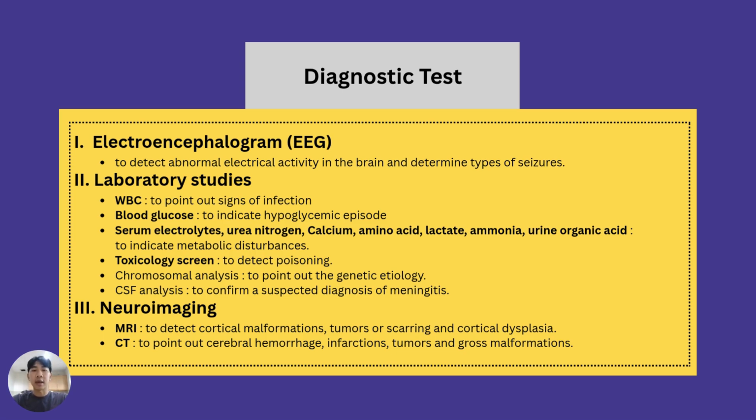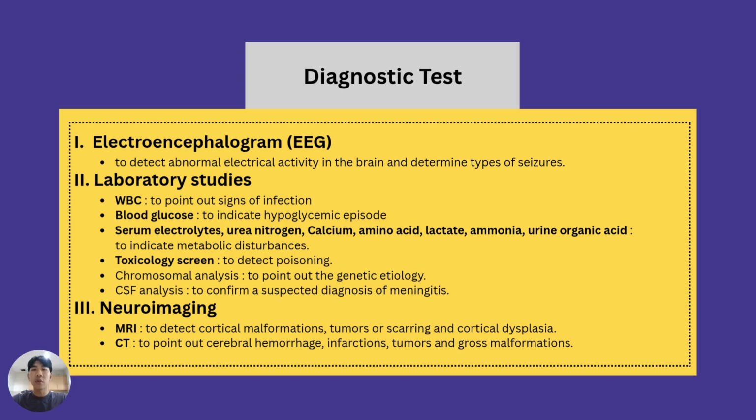And we have second, laboratory tests. Several lab tests are done to find out the possible causes or conditions that are related to epilepsy. The first, white blood cell count, helps point out if there's infection. Blood glucose level is checked to see if the epilepsy was caused by low blood sugar level or hypoglycemia.